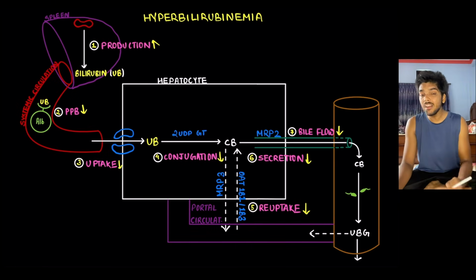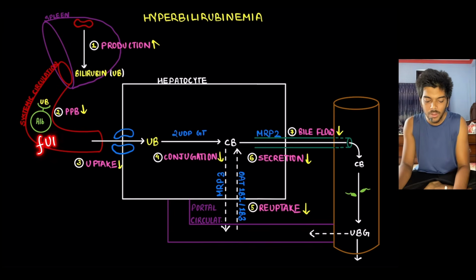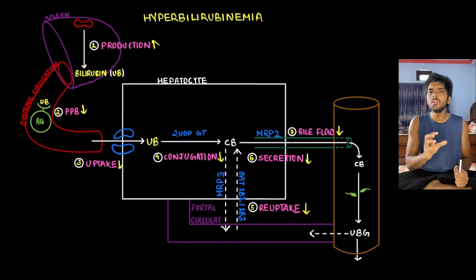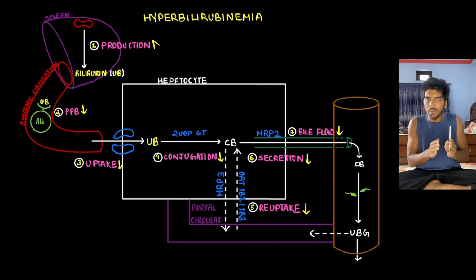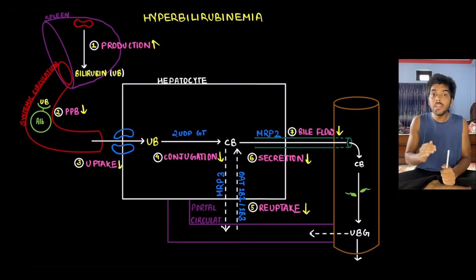Since it has a higher affinity towards albumin, it will displace the unconjugated bilirubin and itself go and sit there. So there is an increase in the level of free unconjugated bilirubin in blood. And I have taught you that unconjugated bilirubin, since it is lipid soluble, is highly permeable. Okay, this is one part of the story. Second part, in a newborn child, the blood-brain barrier is not well developed.